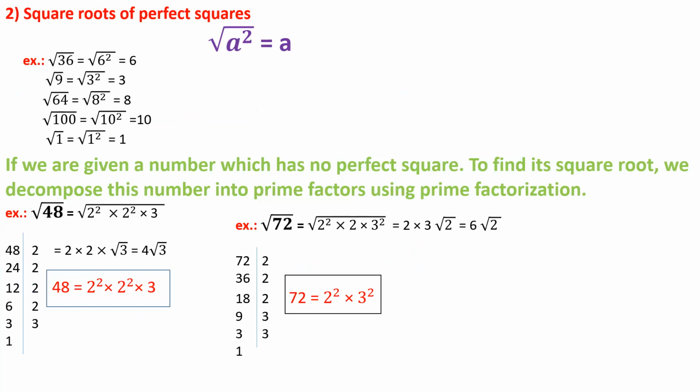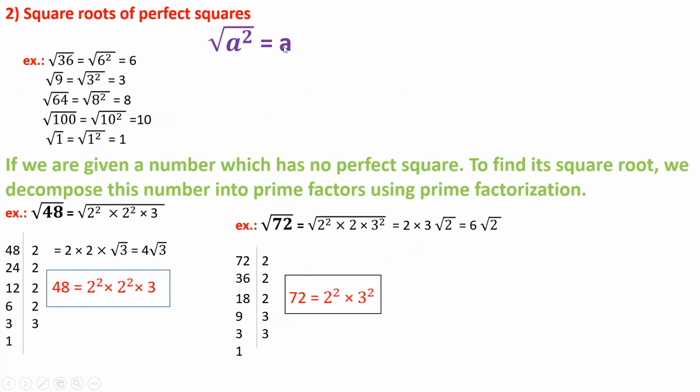Now, square roots of perfect squares. What are perfect squares? Perfect squares are 1 squared, which is 1, 2 squared, which is 4, 3 squared, which is 9. These are called perfect squares. So the radical of any perfect square is always A, because the square cancels the radical.